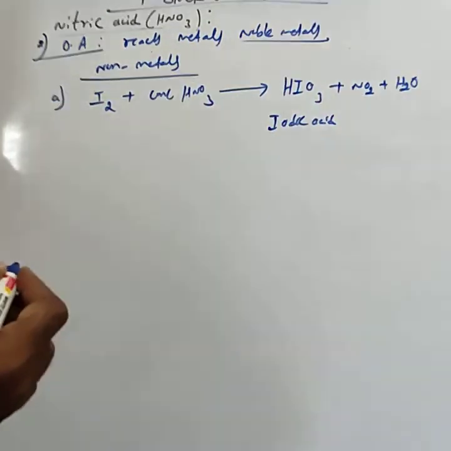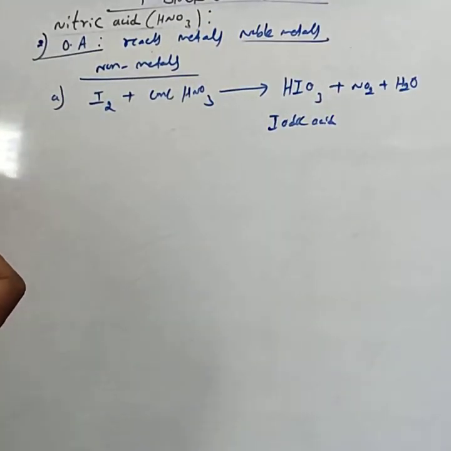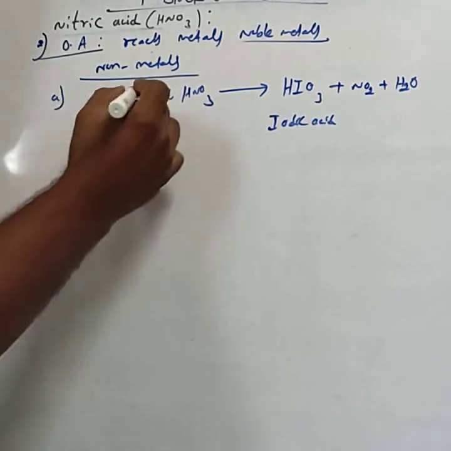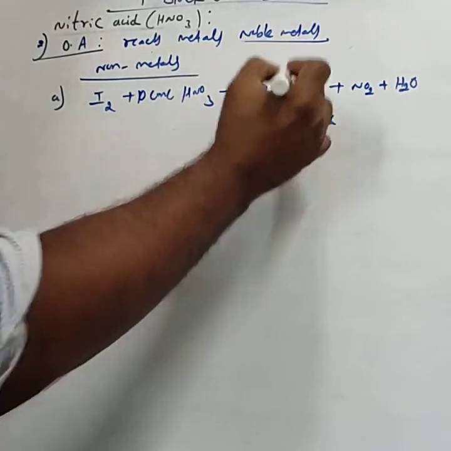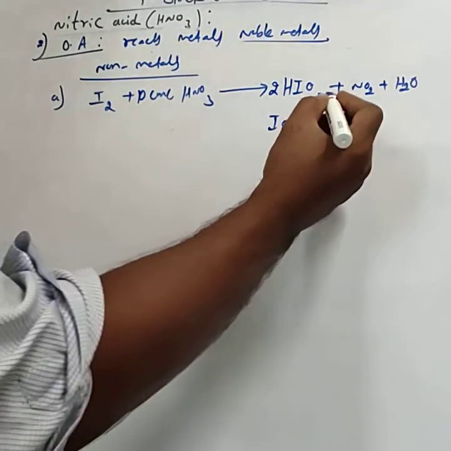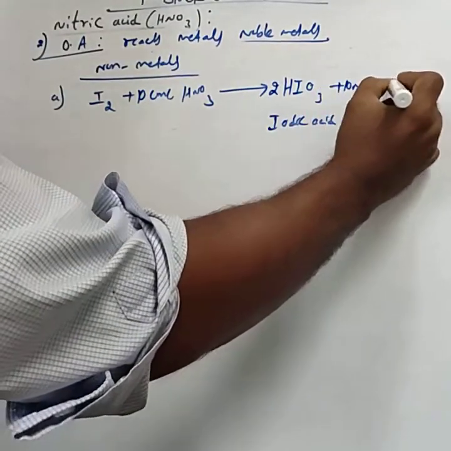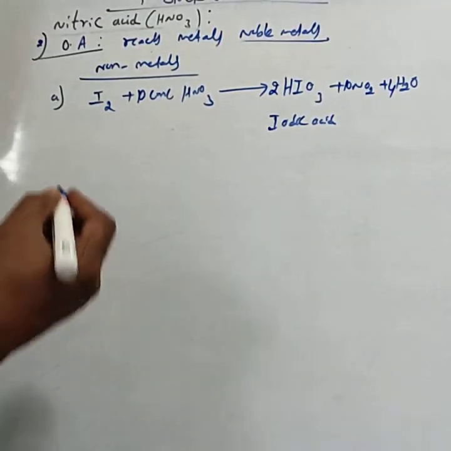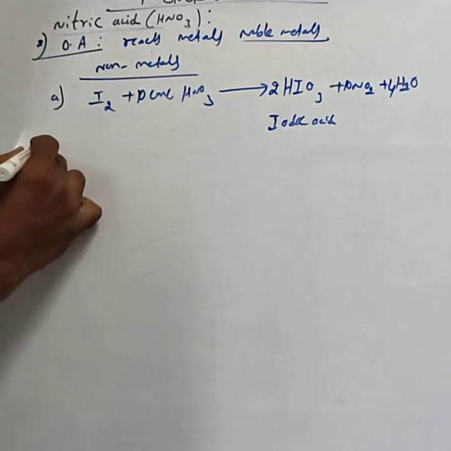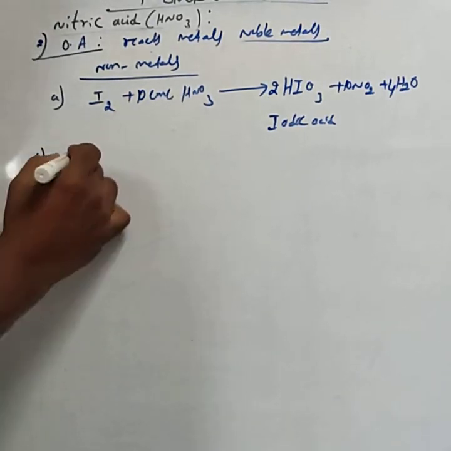You have to remember the numbers. You have to balance this equation: 10 moles of concentrated HNO3 gives 2 HIO3, 10 NO2 and 4 H2O. Similarly, it oxidizes carbon to carbon dioxide.